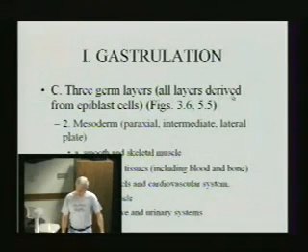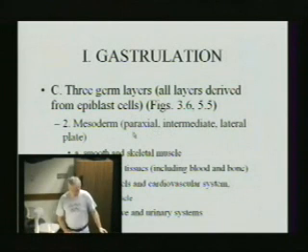The three germ cell layers, as we said, are all derived from the epiblast cells. Originally, the mesoderm, as we had indicated and just viewed on the video, is going to form different portions once it migrates away from the midline.